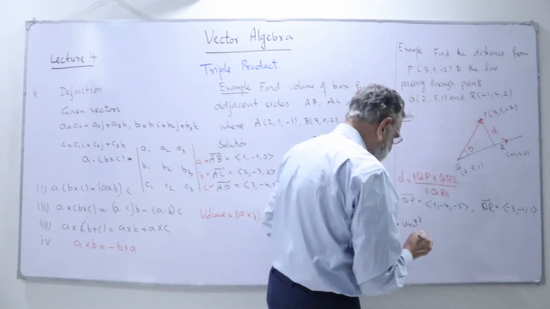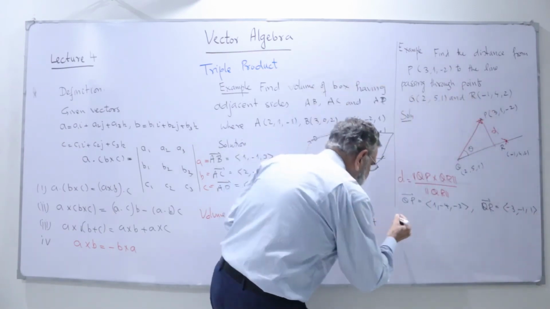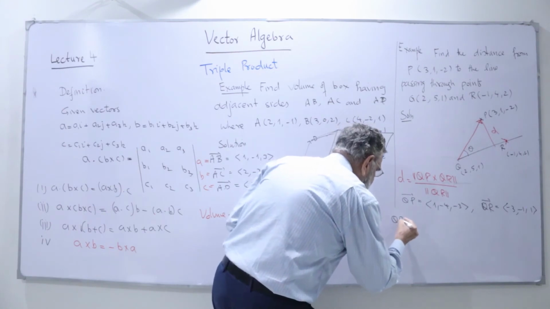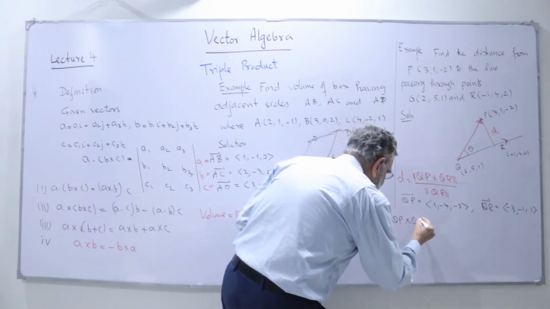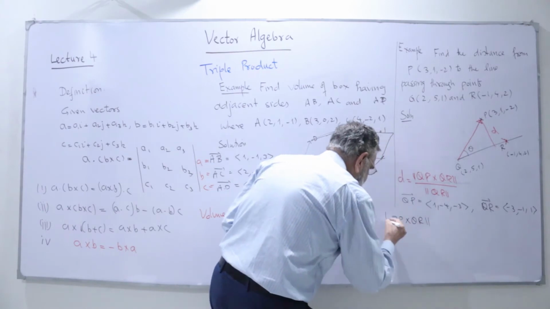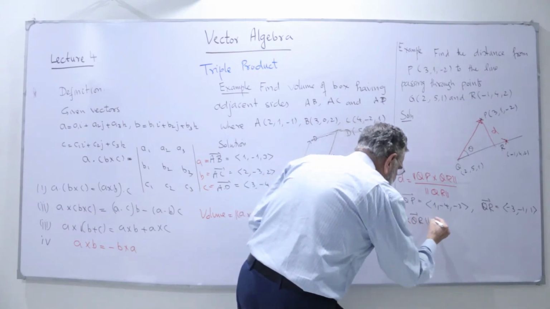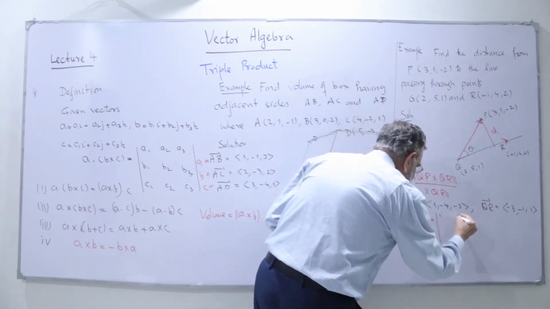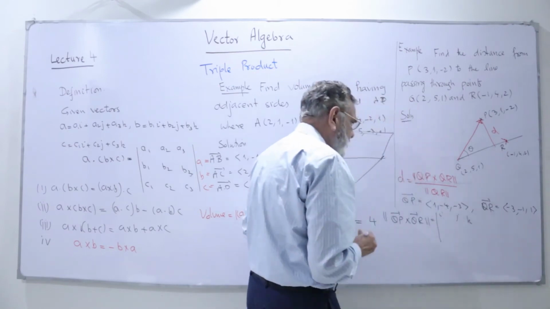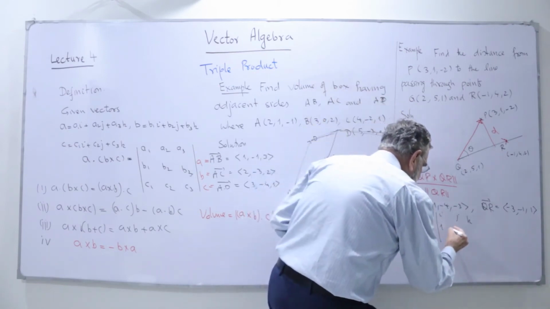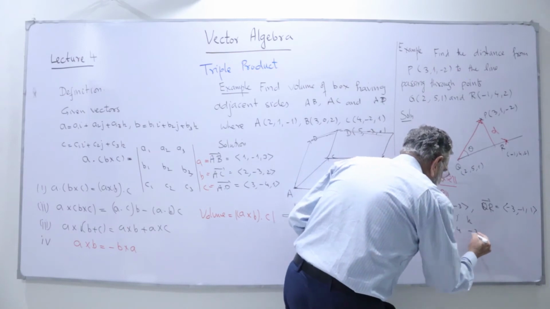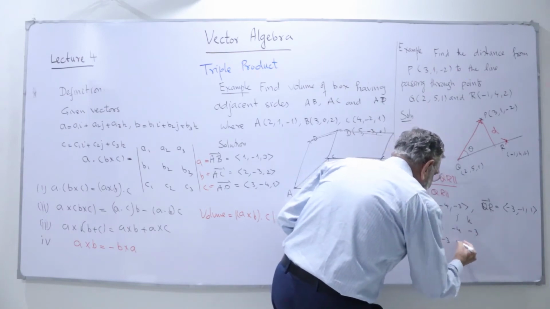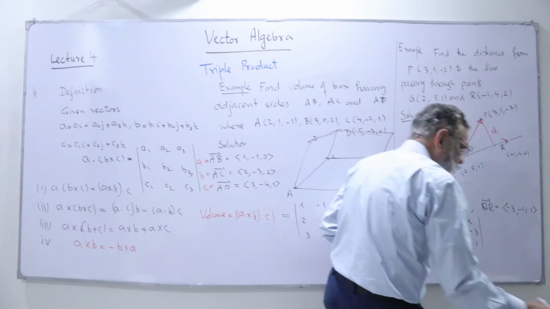Now I want to find the cross product of QP and QR. We take the cross product of these two vectors. By our definition, this is i, j, and k, then the components of QP are 1, minus 4, and minus 3, and QR is minus 3, minus 1, and 1. Now we solve this one.